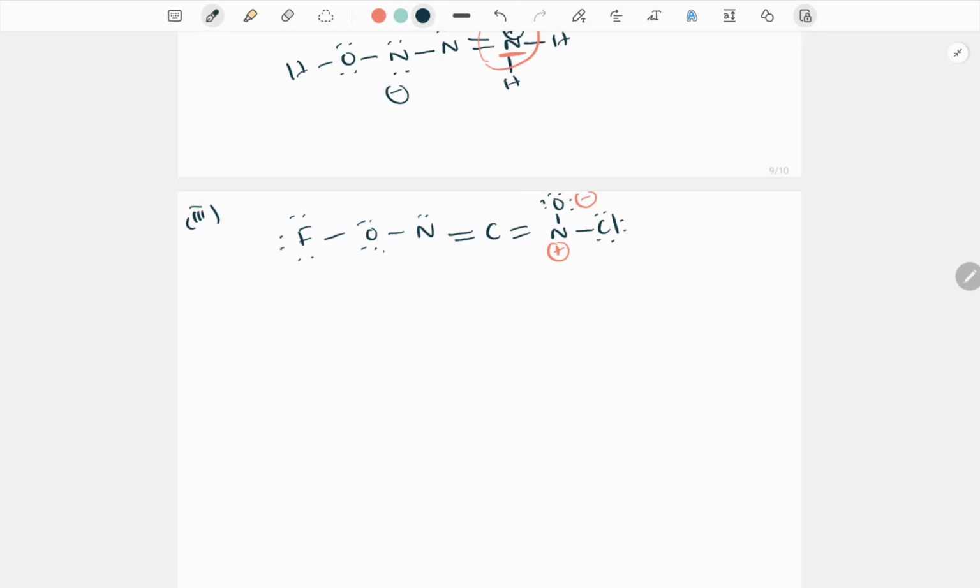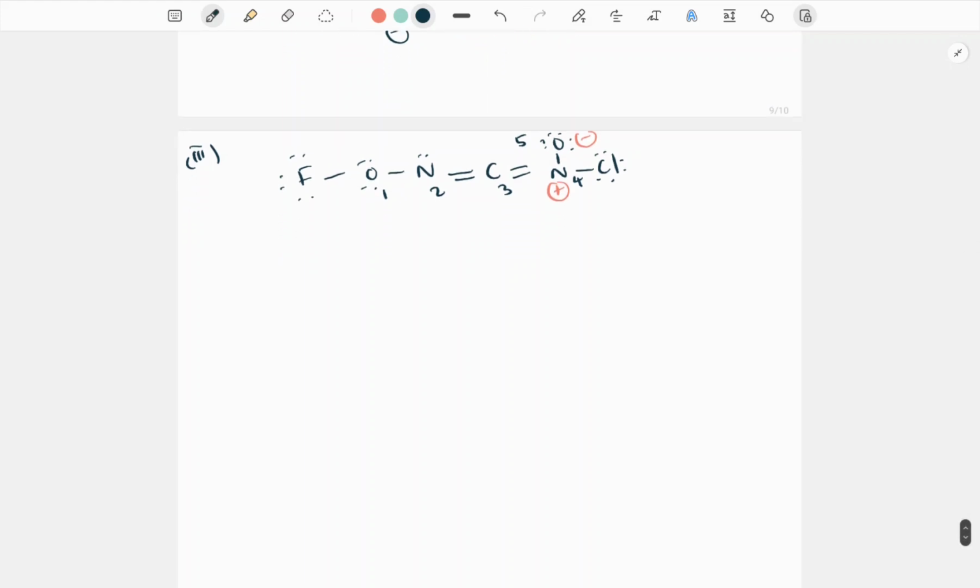Oxygen 1, nitrogen 2, carbon 3, this nitrogen 4, and this oxygen will be the 5th one. These are how it is numbered. But these 4 factors are asked only for oxygen 1, nitrogen 2, carbon 3 and nitrogen 4.